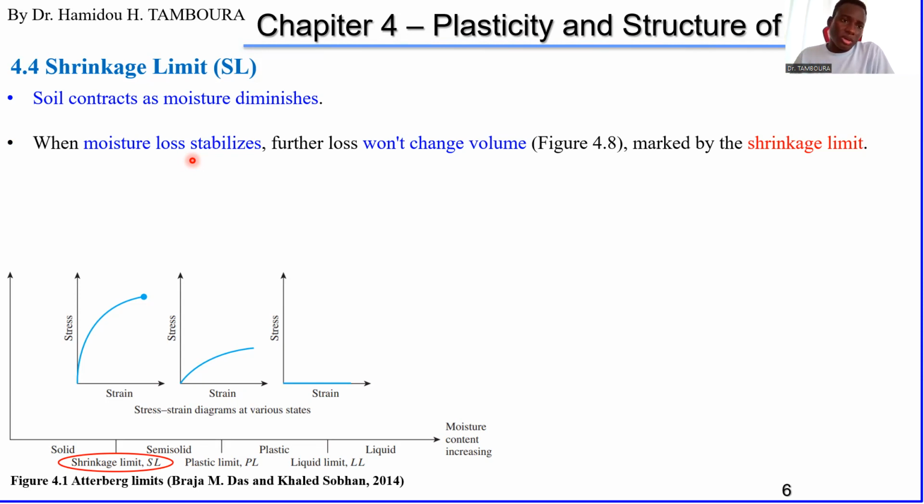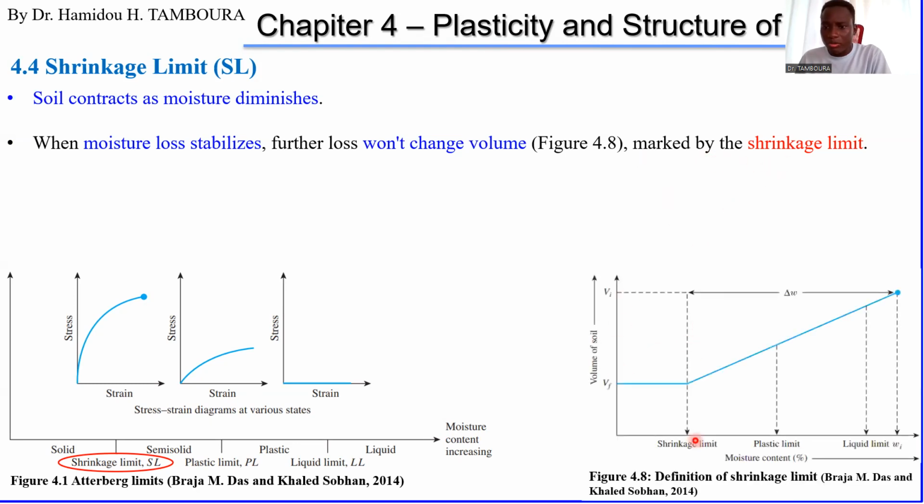When it reaches a certain point, the moisture loss stabilizes, and further loss won't change the volume of your soil. And that marks the shrinkage limit. It's something like that.